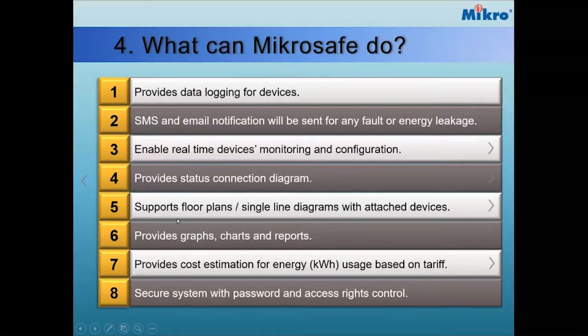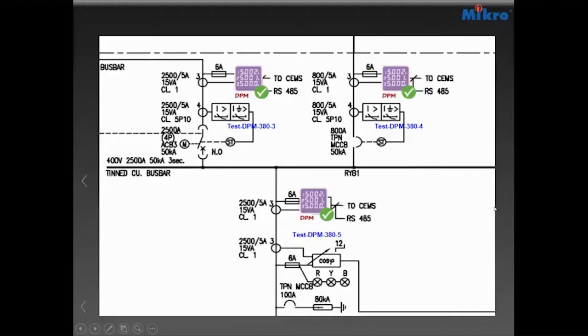Our software also supports floor plans and single line diagrams with attached devices. Let me show you an example. Some of our customers have requirements to load their floor plans or single line diagrams into the software, and they would like to place the devices like the meters and relays into the diagram accordingly.